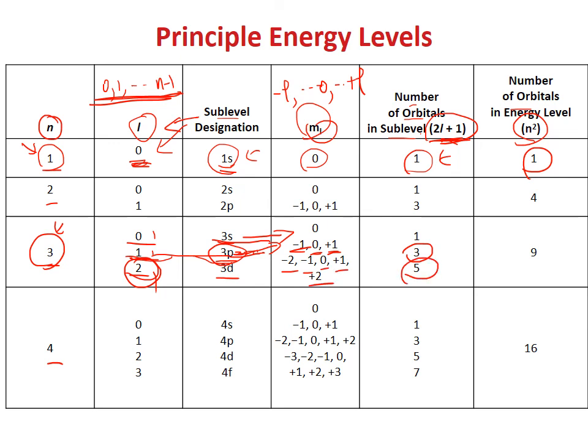Total is 5. And according to 2L plus 1, 2 times 2 plus 1 is 5. So that's the number of orbitals in a sublevel. In this case, there are 5 orbitals in 3d. Now what is the total number of orbitals in energy level 3, n equals 3? Well, that's n squared. 3 squared is 9.